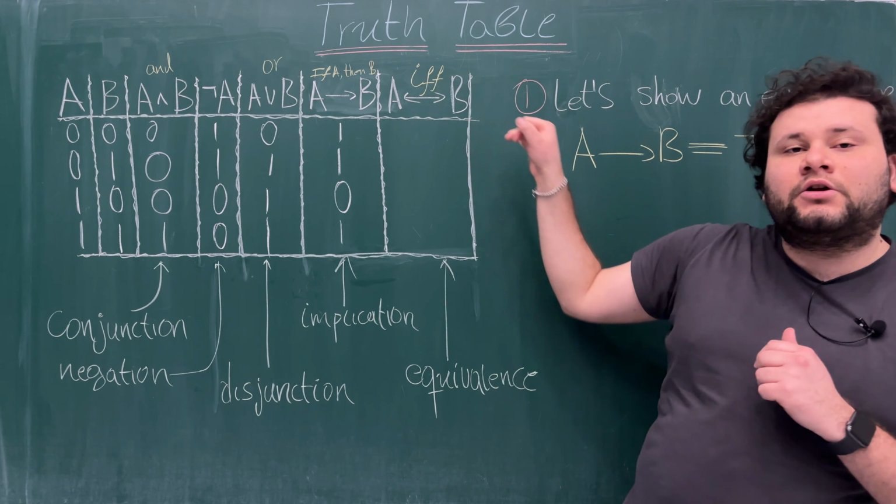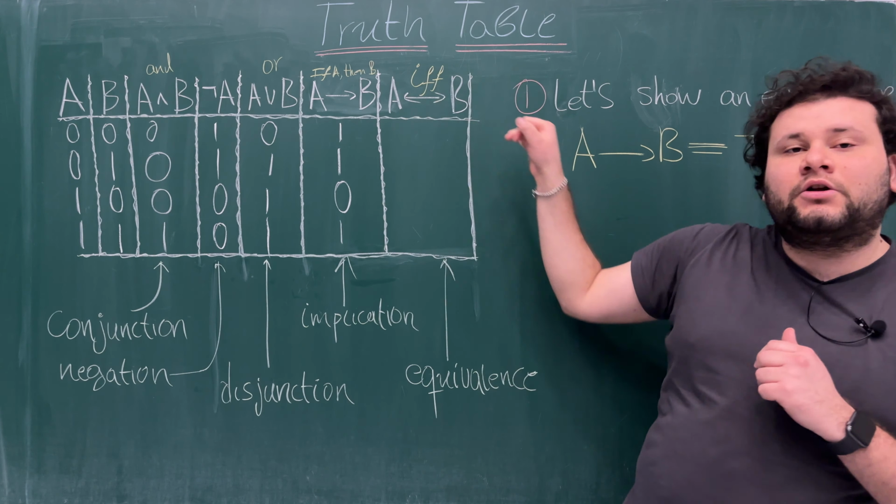Now let's use this information that we already have to try to solve this exercise. We need to show that these two statements, A implies B and negation of A or B, are equivalent.